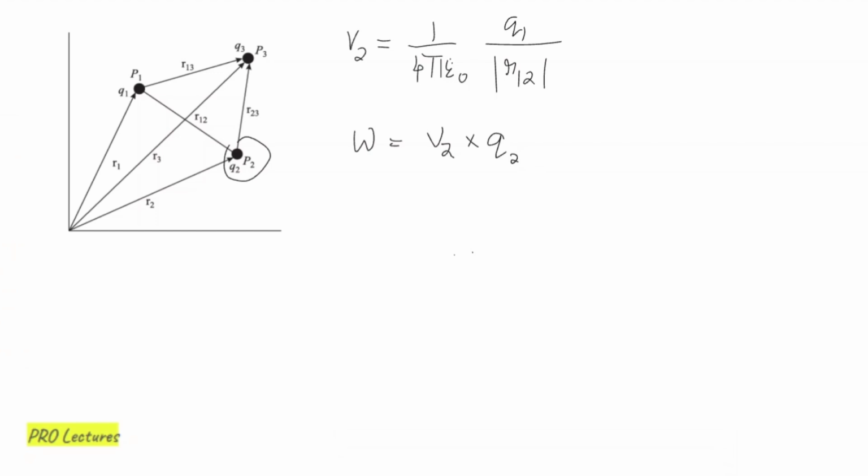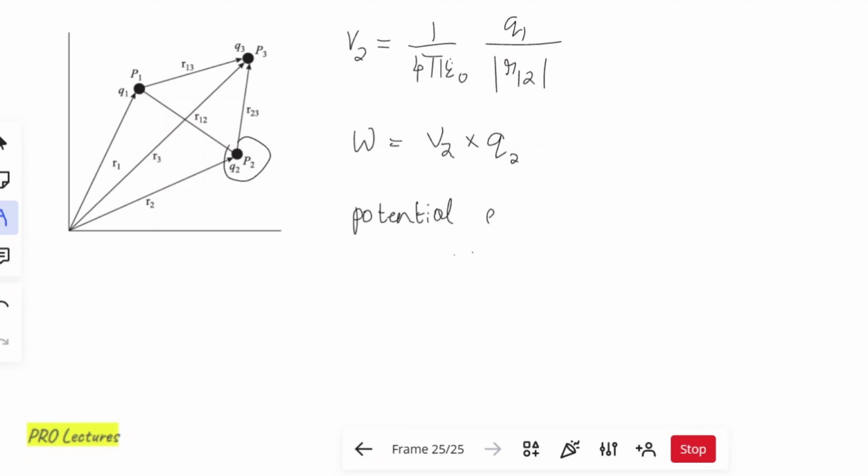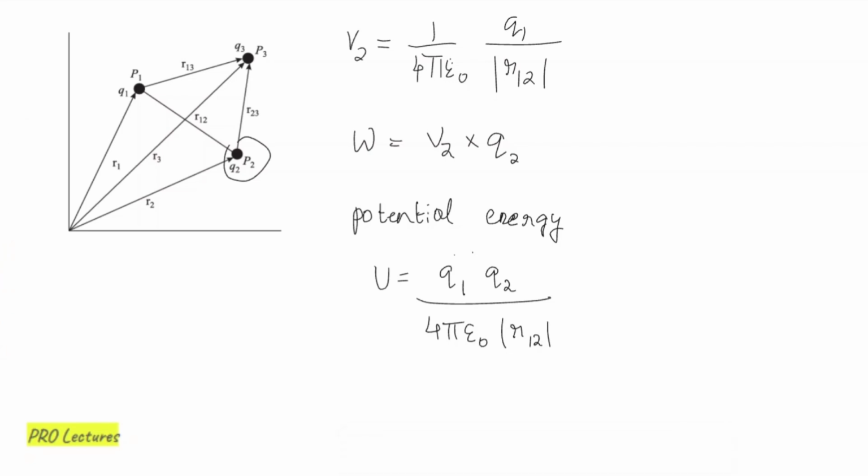And this work is stored in the system of charges Q1 and Q2 in the form of potential energy U. U is equal to V2 into Q2, which we can write as Q1 Q2 by 4 pi epsilon naught R12.